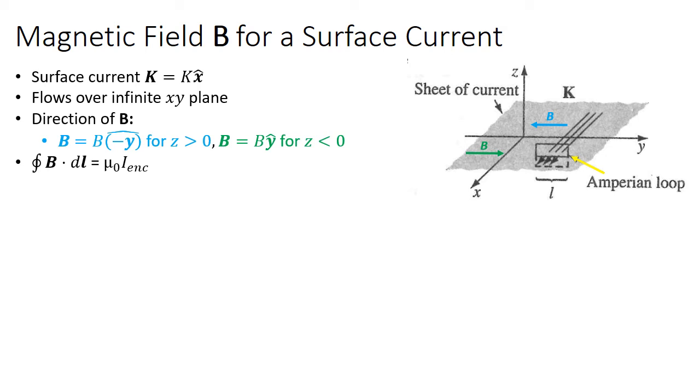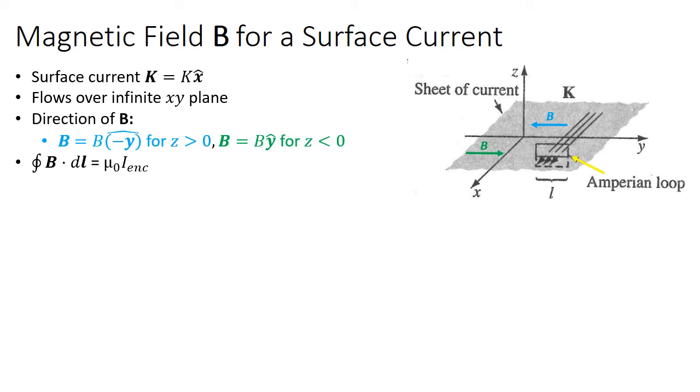And we extend the Amperian loop equally above and below the xy plane. The loop is of width L, and the height, all we need to know is it extends the same amount above and below the plane. At this point, that's all that's necessary for us to know.